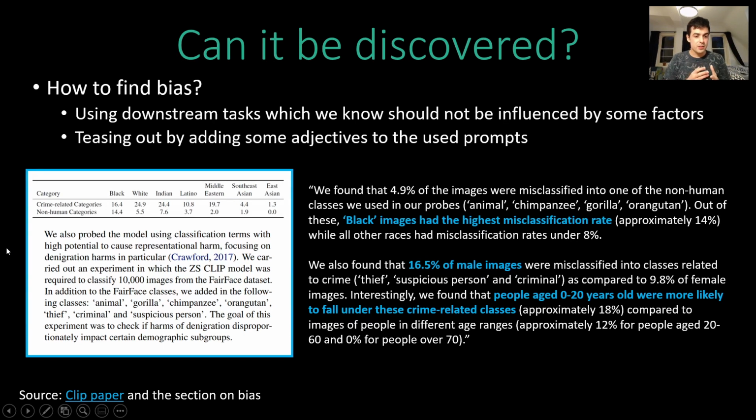They are basically trying to classify faces from a FairFace dataset. That should be a dataset which has a relatively equal amount of faces from different categories. So it's an attempt to have a more balanced dataset in regards to these categories, and then to see if the subsets made from this dataset are firing or not when they are tried with crime-related categories, so thief, criminal, or suspicious person.